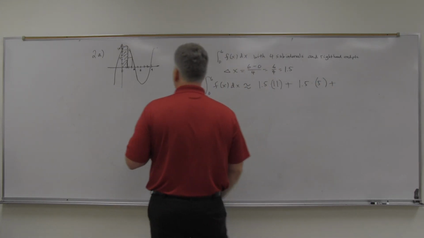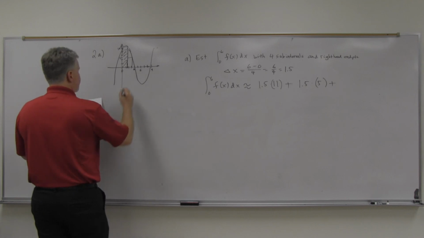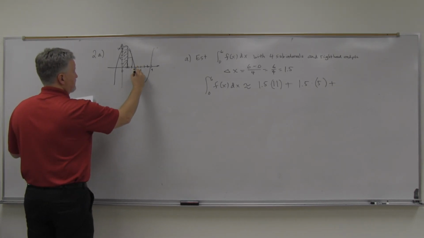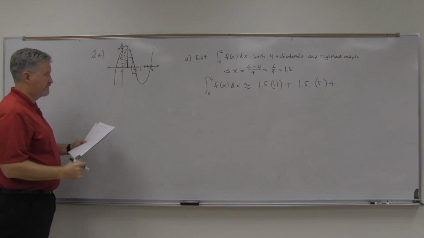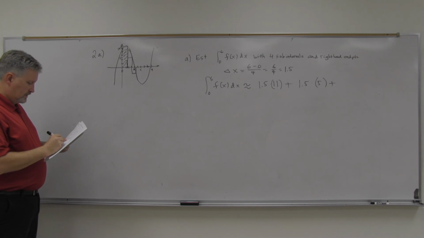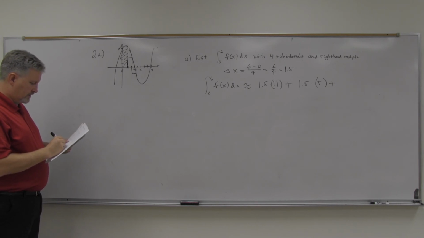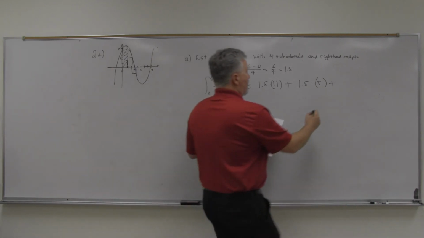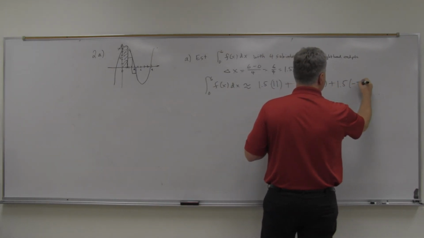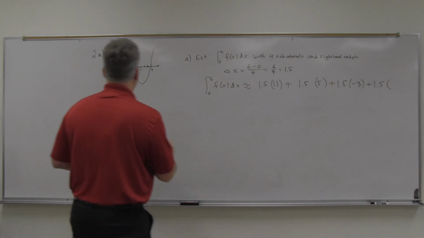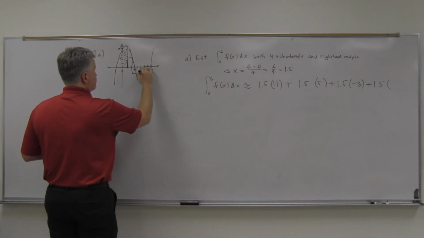The next will be at 4.5, where I'm on the negative side, so that height would be a negative. I'll call it a negative 3. And then last but not least, the last one would be at 6.